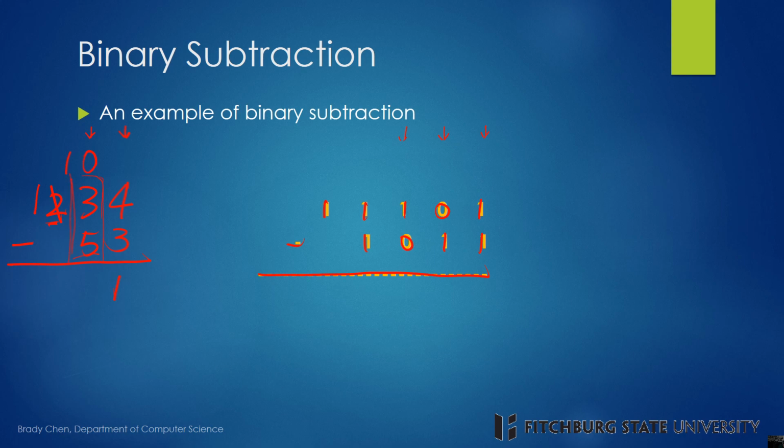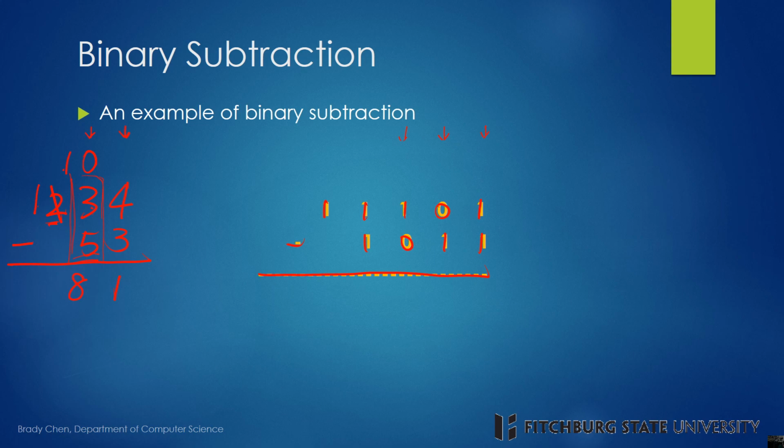So in this tens position, we basically have 10 plus 3, then minus 5, because we borrowed 1 from the previous position, but it's counted as 10 in the current position. So it's 10 plus 3 minus 5, and we got 8.